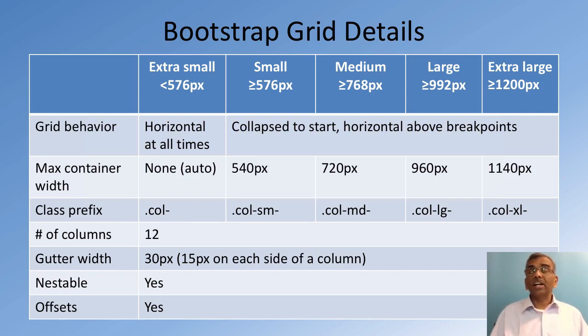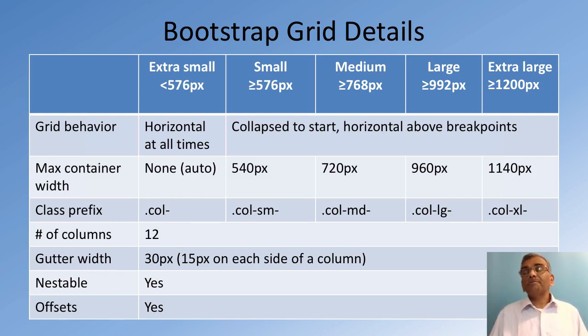So you notice that if you have a screen width between 576 to 768, your content will be laid out in 540 pixels, which will be centered in the screen width. So the leftover space will be left as margins on either side of this content. Similarly, for medium, it is 720 pixels and so on.